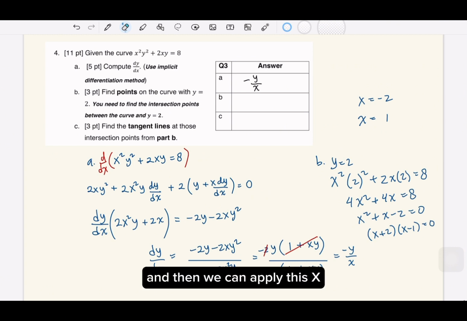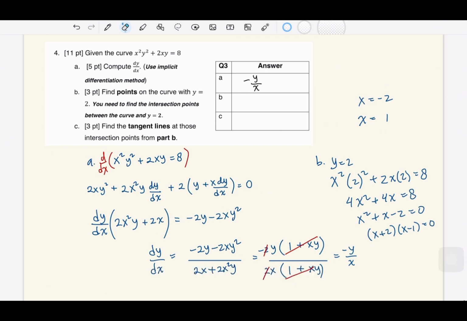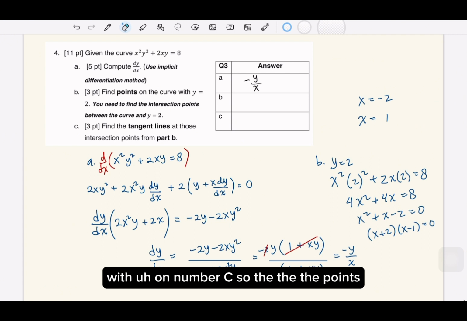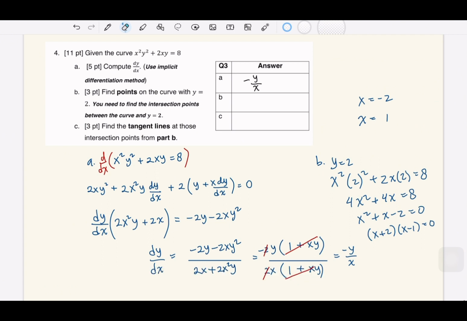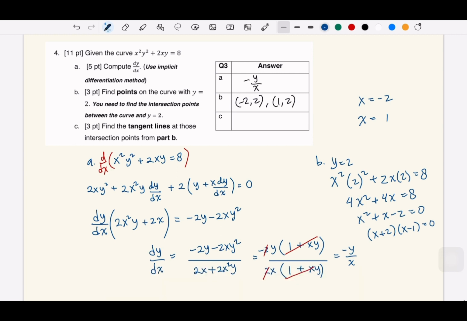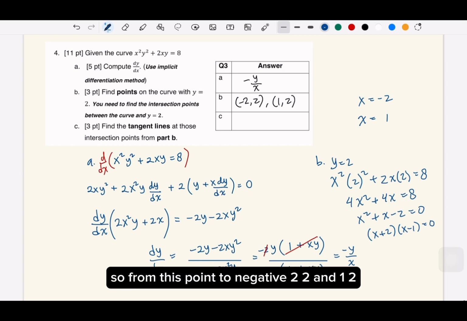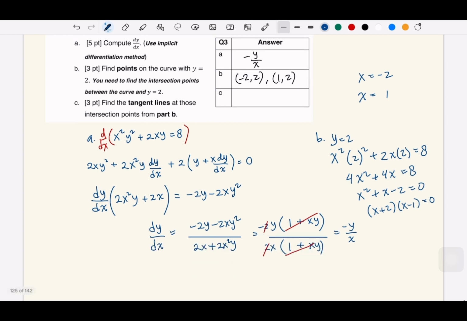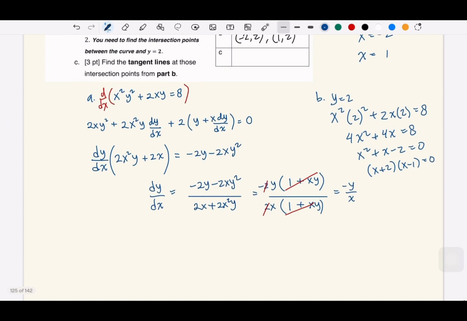And then we can apply this x on number C. Okay. So the points will be negative 2, 2 and 1, 2. Okay. So from these points, negative 2, 2 and 1, 2, we need to find the tangent lines.